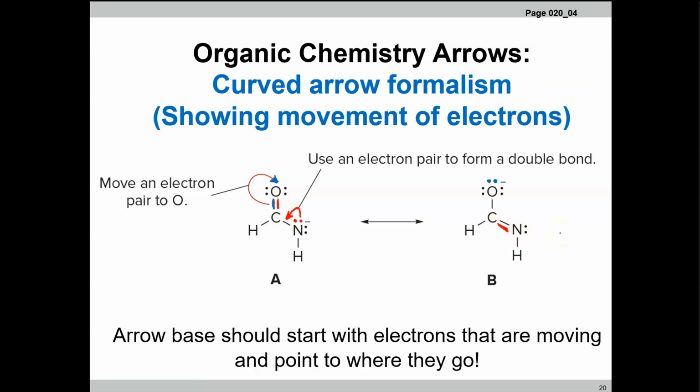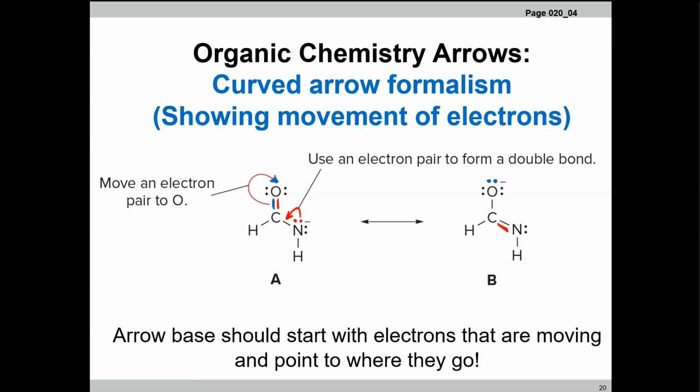So remember, when we're doing this, the base of the arrow should always start with the electrons that are moving, and then we're going to point to where they go. A lot of times they're going to point towards positive or partial positive charge.